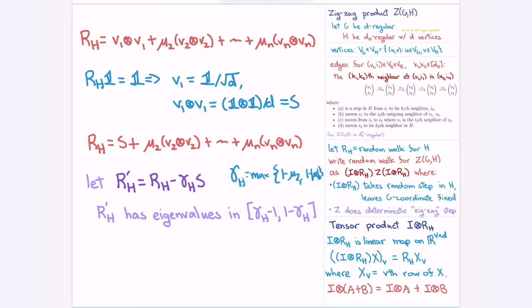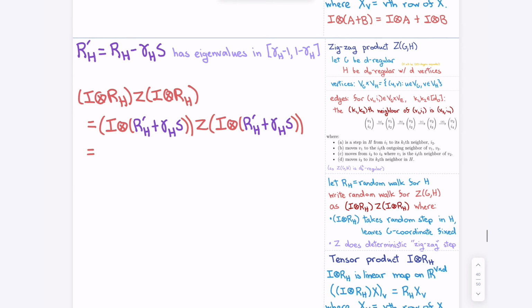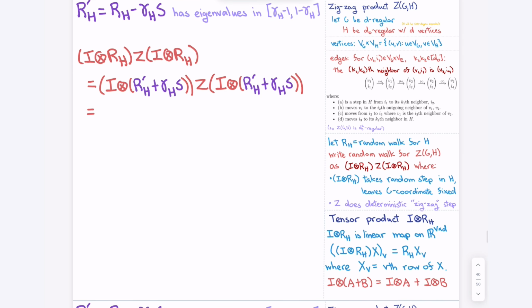Okay. All right, so having ripped that out, let's see what happens. Let's look at this. So I've taken that initial thing and just substituted. I ripped out a small piece of the first eigenvector, and now all the remaining eigenvalues are between 0 and 1 minus gamma H or something.